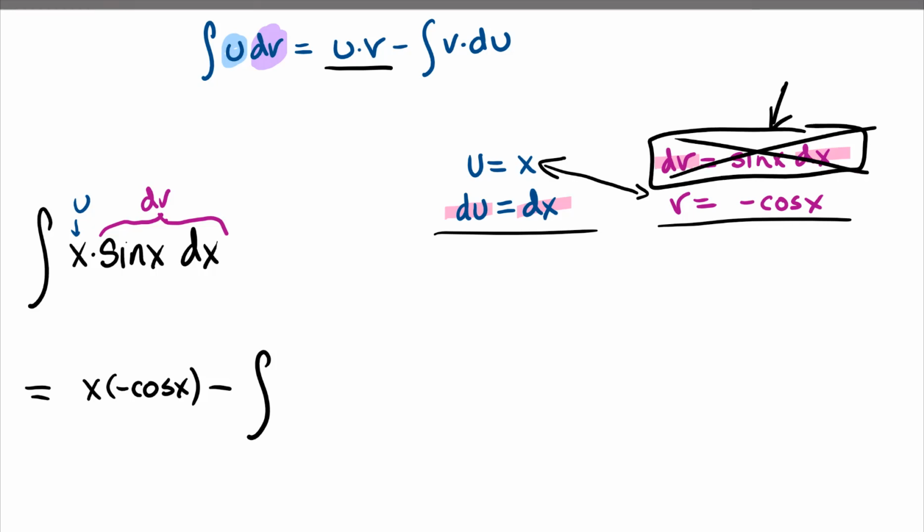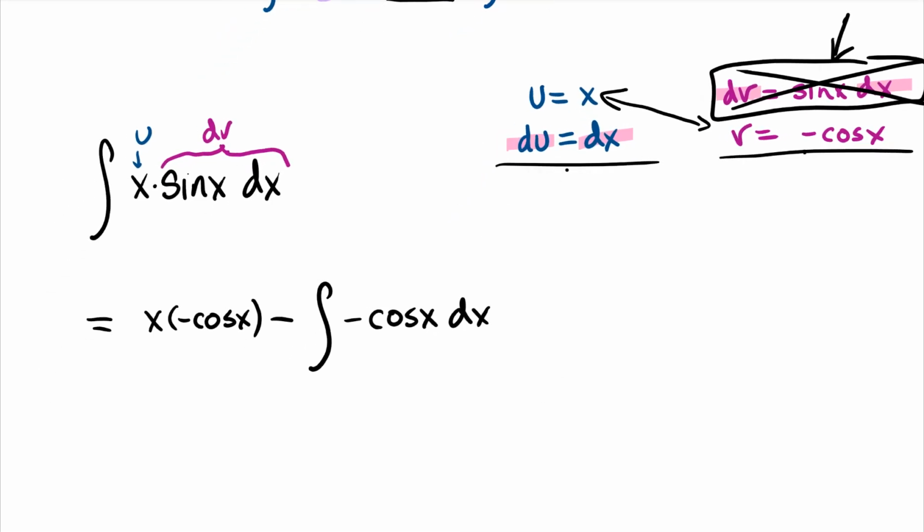So that's not part of the problem. Now we have the integral of v du, which is negative cosine of x dx, with our v being the negative cosine of x and our du just being our dx.